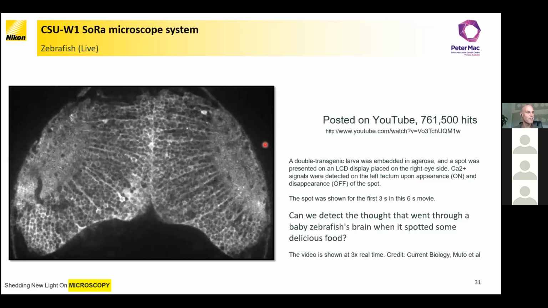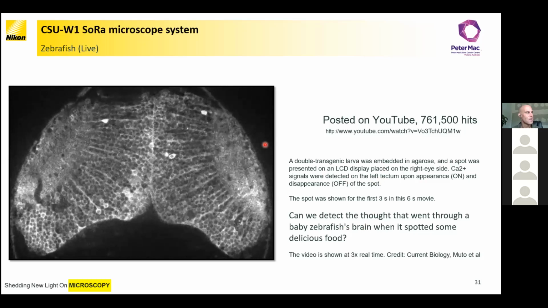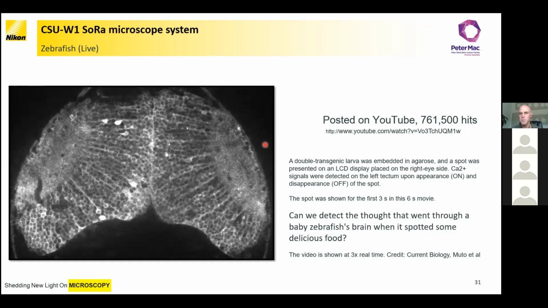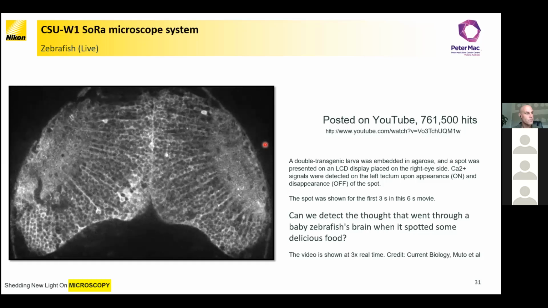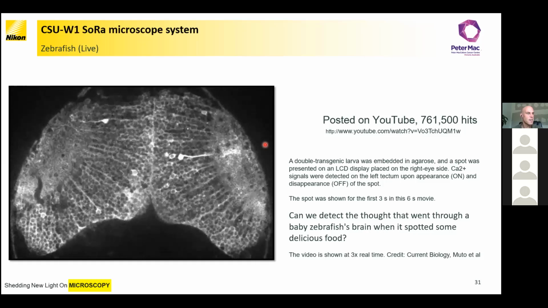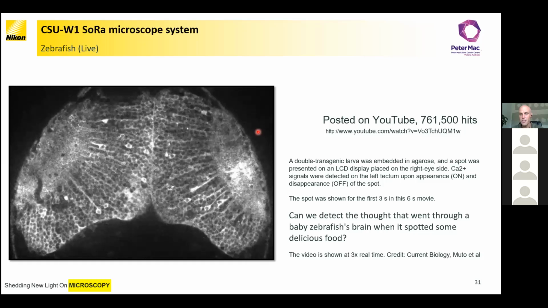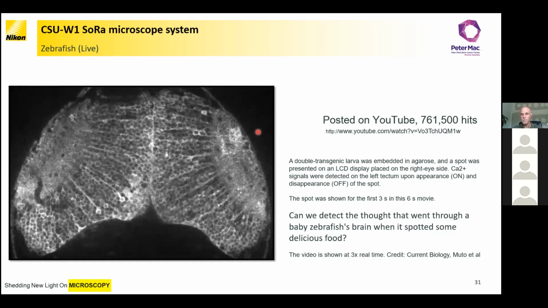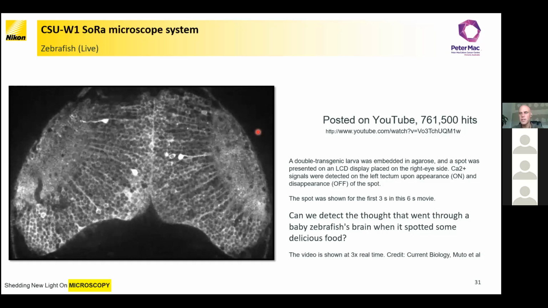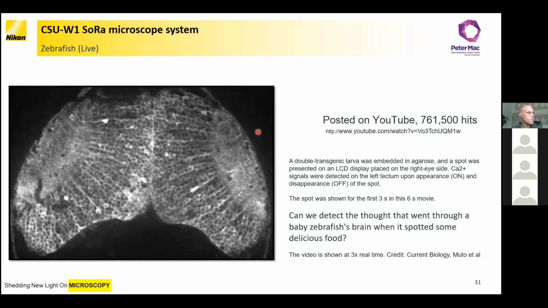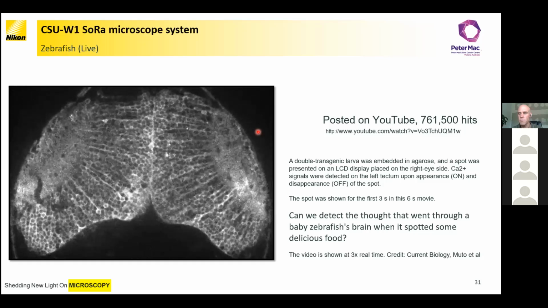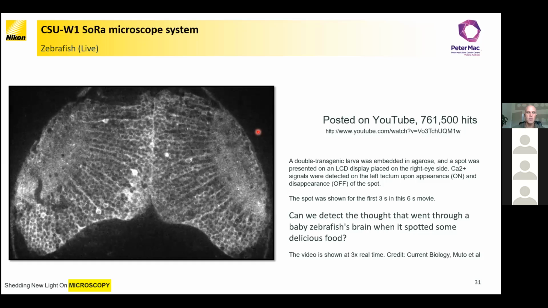Clearly this requires a really high speed, wide field of view imaging technique, and as you can see here, it's perfectly achievable using the SoRa system.